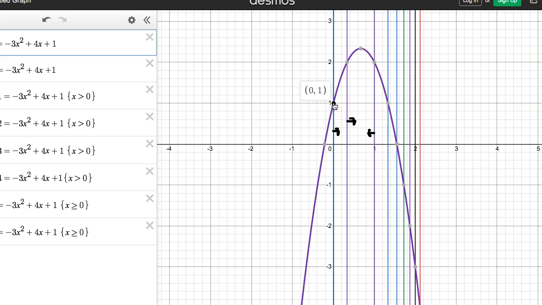Y is 1 here, but if I understand you correctly, I don't count this guy because x is 0. This is where we would truly start, right? X is 0. This guy is way out of the bound, so I don't really start until here. The party doesn't start till I get right here.